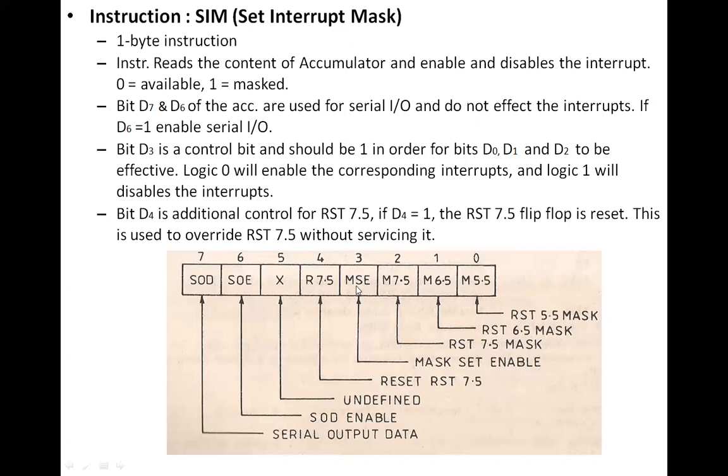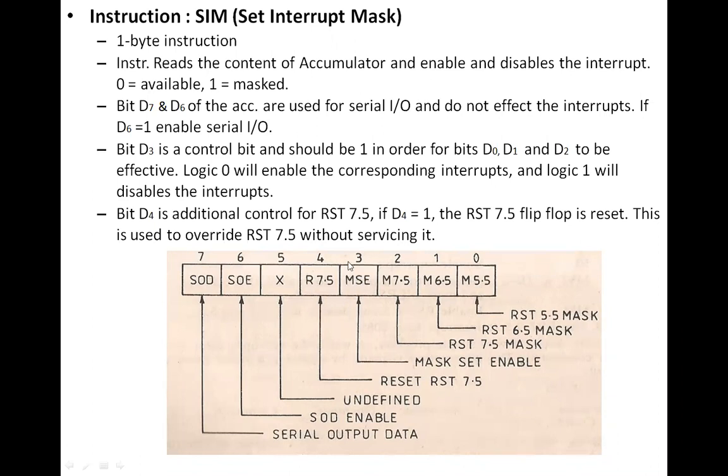But if the D3 bit is 1 and the D0 bit is 1, it means RST 5.5 is disabled or masked. So for making RST 7.5, 6.5, and 5.5 masked or available, it is necessary that the D3 bit should be 1.